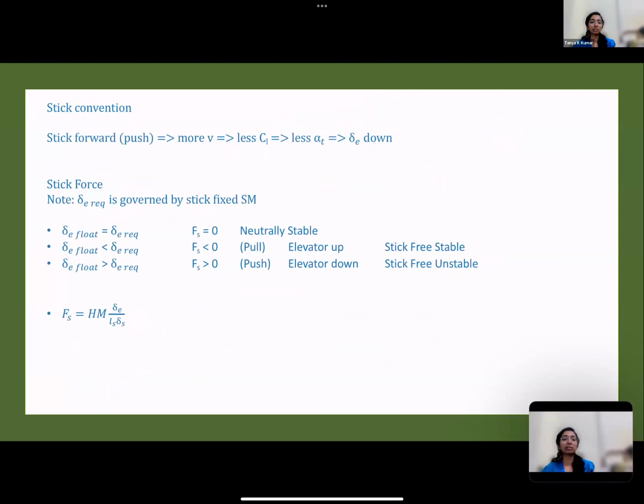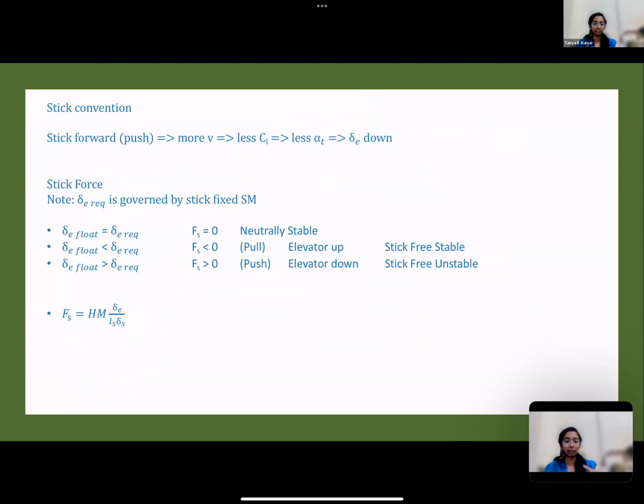Then you have some conventions regarding the stick. If you push your stick forward, pushing the stick forward increases the velocity. Now, if you need to maintain the same trim when you increase your velocity, what should you do? You need to reduce your CL, right? How do you get less CL? You need to have less alpha tail. And how do you get alpha tail less? By deflecting your elevator down.